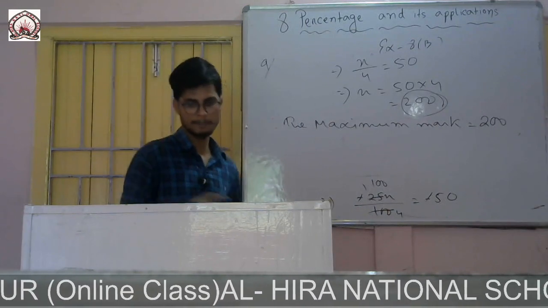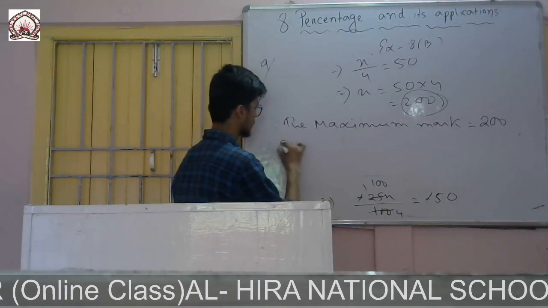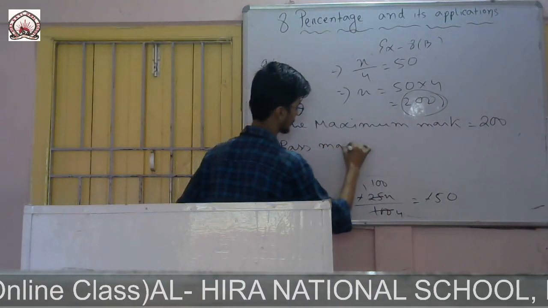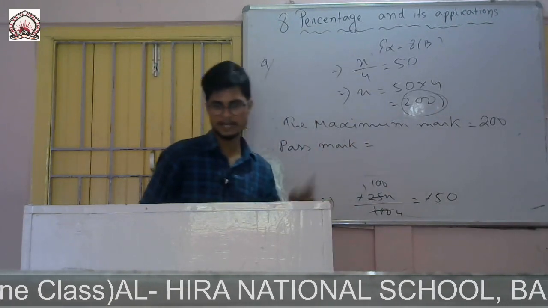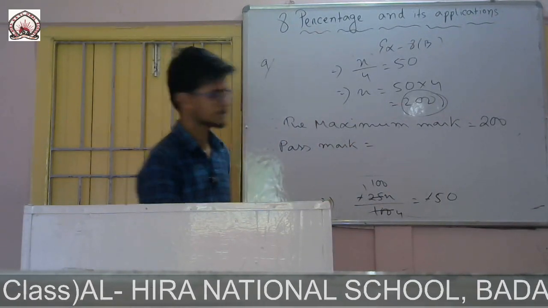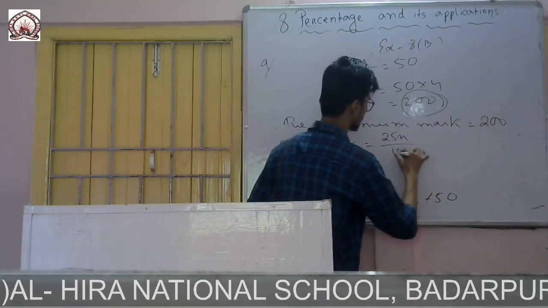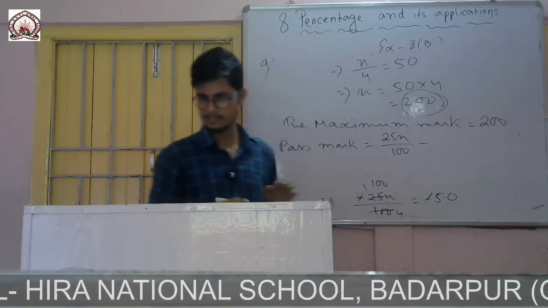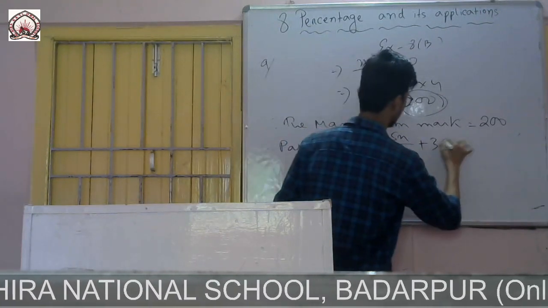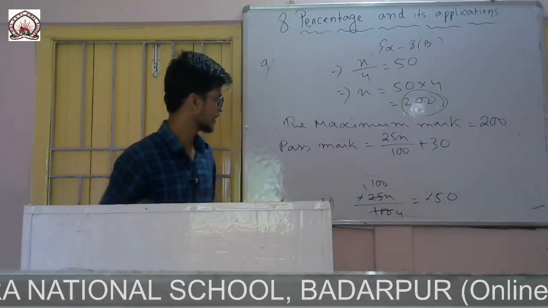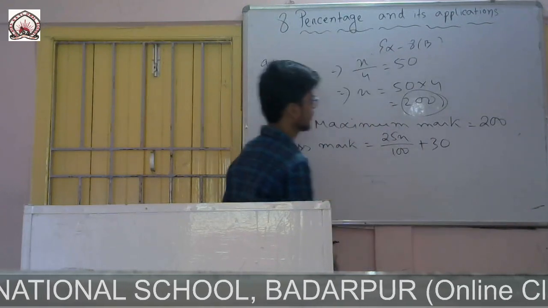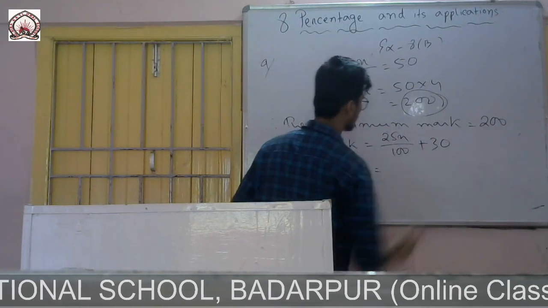So now we will find the pass mark. Earlier we got two equations. One was 25x by 100 plus 30. In the first one I am putting the value of x, which we got as 200.